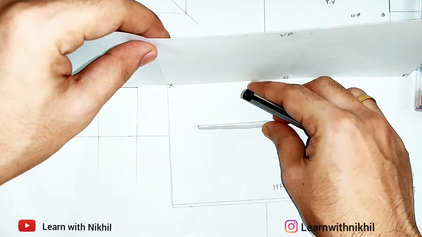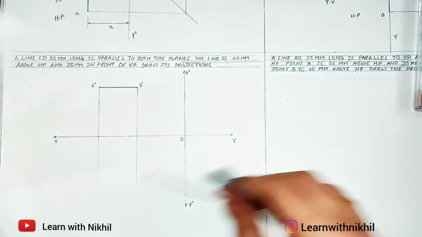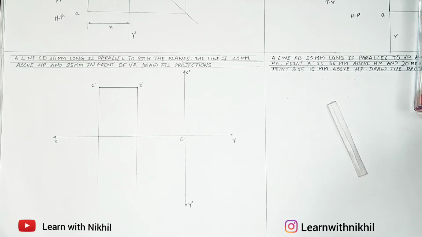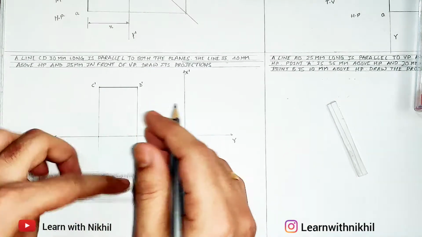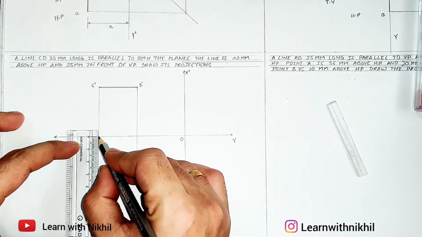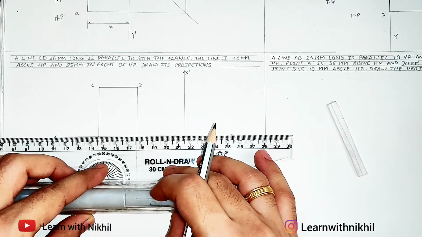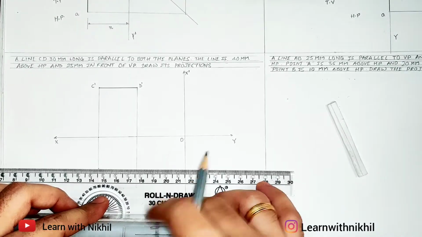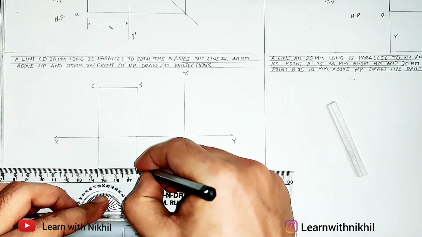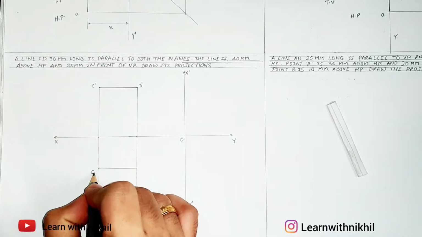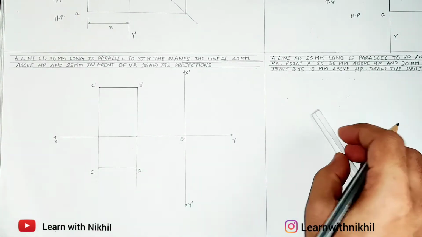So this distance is 25 and as it is parallel, it will be a horizontal straight line. So we'll mark a point 25 mm. This is in front of vertical plane and we'll draw a parallel line. So this is the top view of the line. This will be C and D.